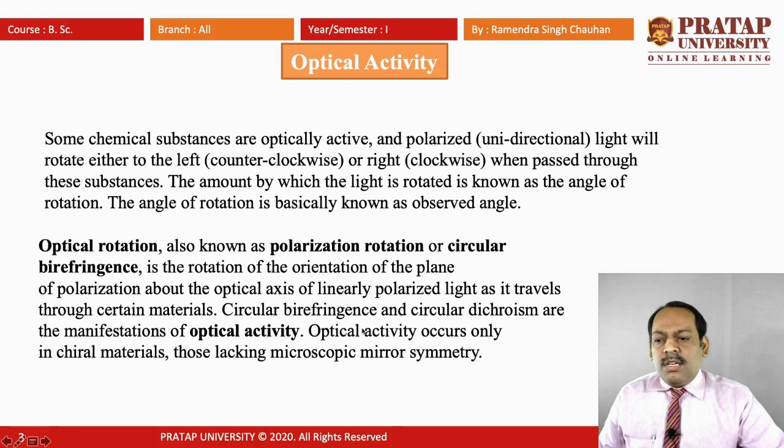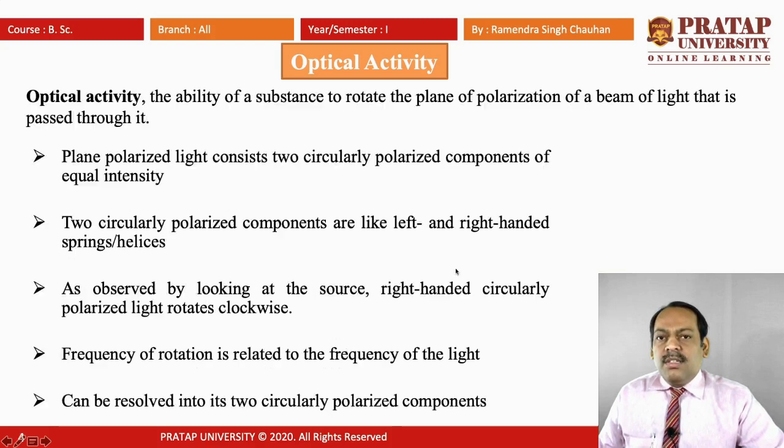Optical activity occurs only in chiral materials, those lacking microscopic mirror symmetry. Optical activity is the ability of a substance to rotate the plane of polarization of a beam of light that is passed through it.